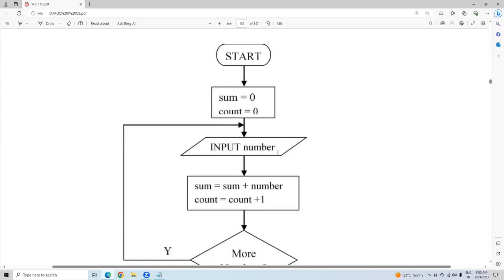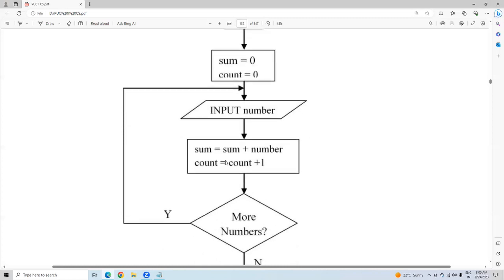Then they ask for input number. In number is what? Up to what range you want to calculate the sum. Okay, no, it's not that one. It is a different one. See, this program is about, they will go on asking the numbers.